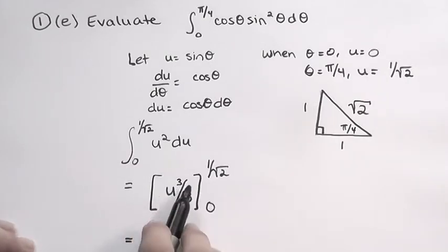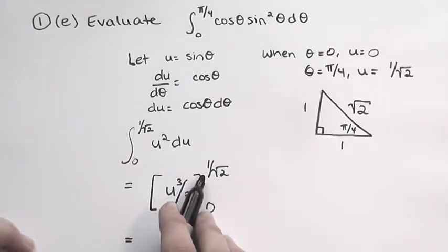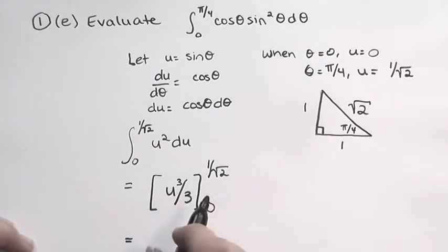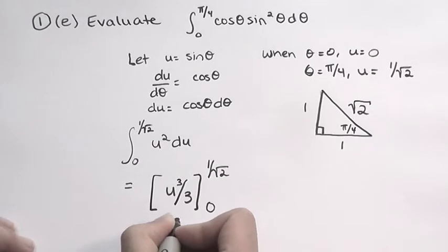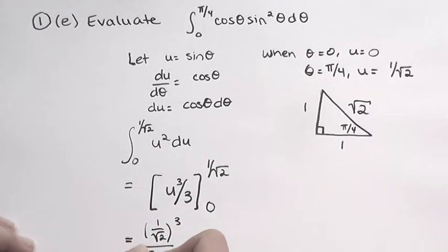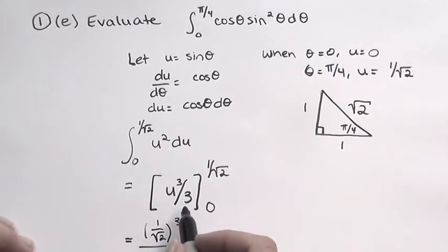So now we sub in the 1 on root 2. So we have 1 on root 2 cubed over 3. And then it's minus 0 on 3, which is just nothing.